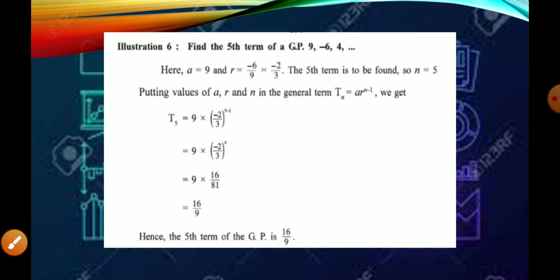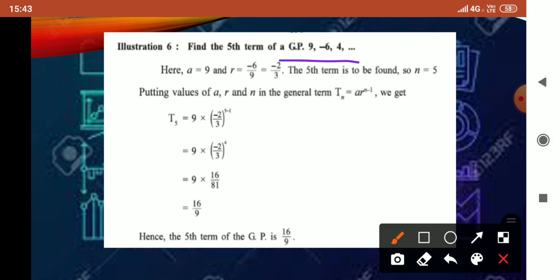Next sum, find the fifth term of the GP: 9, minus 6, 4. Here you have been given the series 9, minus 6, 4 and so on. Based on this series, we will write what is a and we will write what is r. First of all, your first term will be a.